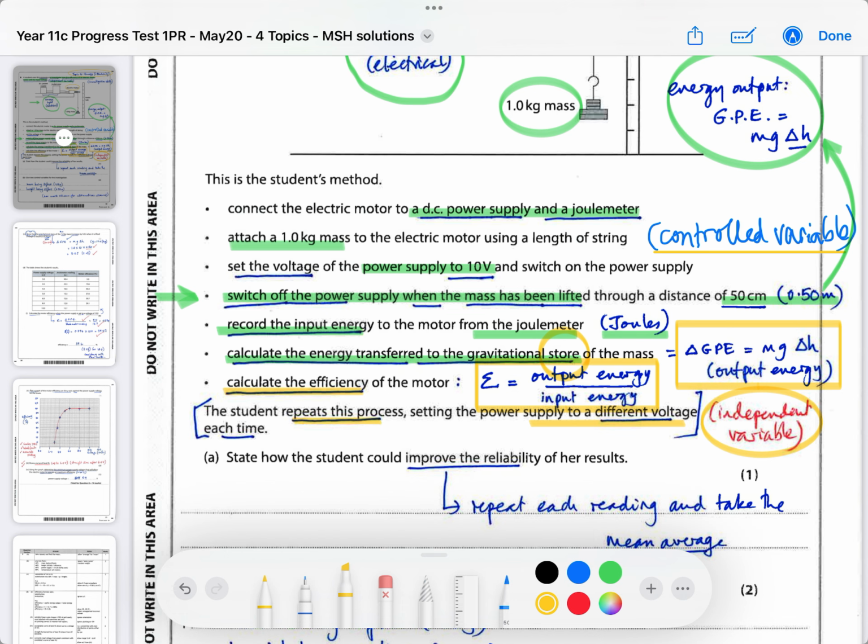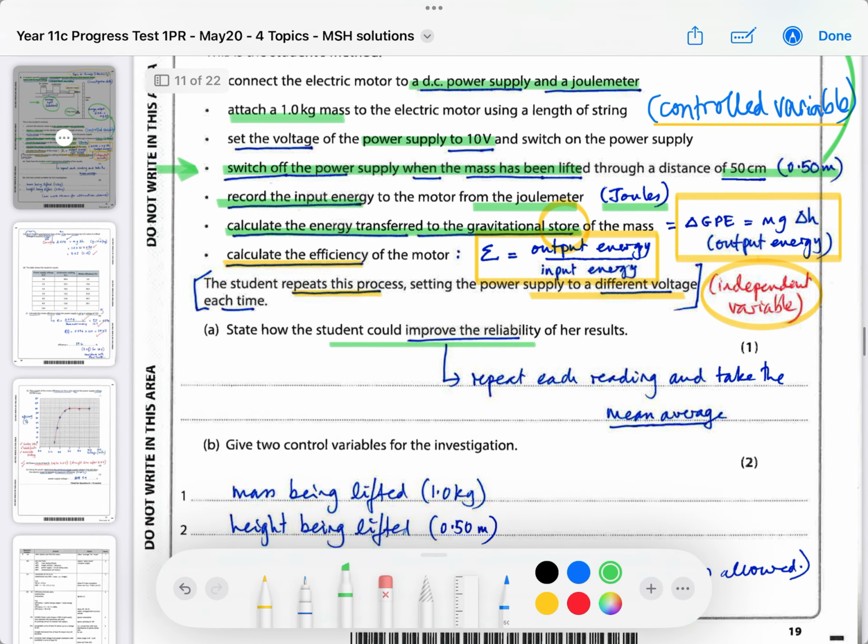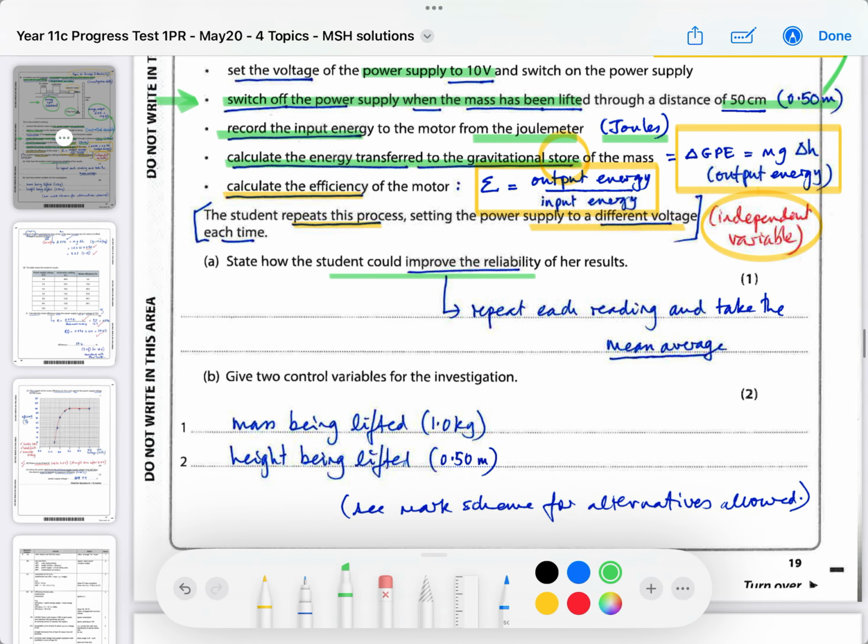Now they want you to state how the student could improve the reliability of her investigation. Obviously she needs to do it more than once, repeat each reading. But if you just say repeat each reading, you won't get the marks. Why does she repeat each reading? To take an average value.